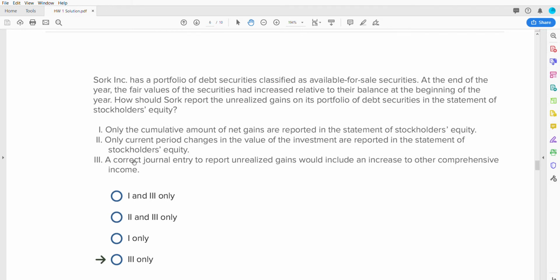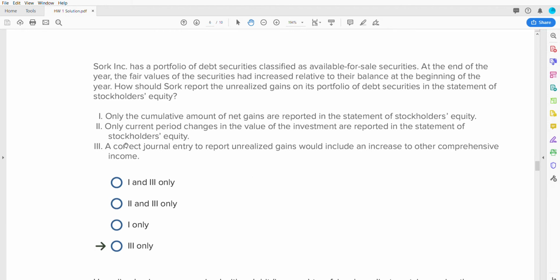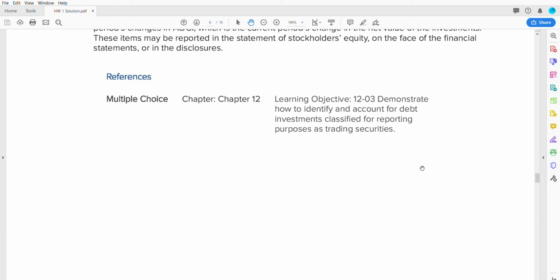So a correct journal entry to report unrealized gains and losses would include an increase to other comprehensive income. So they had income on the security, it's available for sale, so it goes to OCI. And since it's just for the year, one journal entry updates it, okay? And this is going to be an OCI, so it's 3 only.